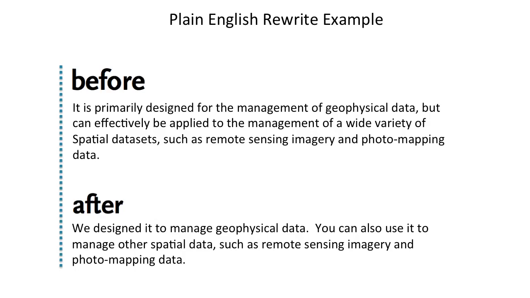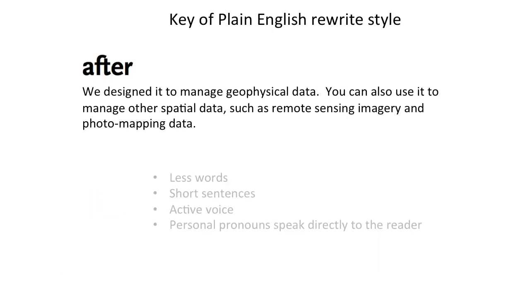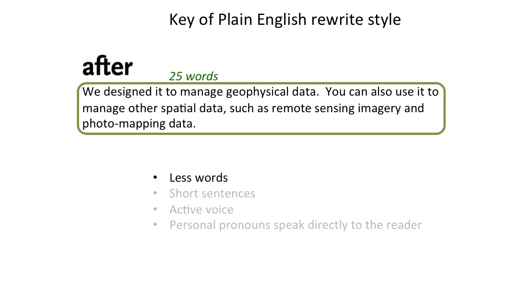Here is a Plain English rewriting example, before and after. In the beginning of the before example, it starts with passive voice: "A primary design." And the after example starts with active voice: "We design." Let's take a look at what has been improved in the after example.